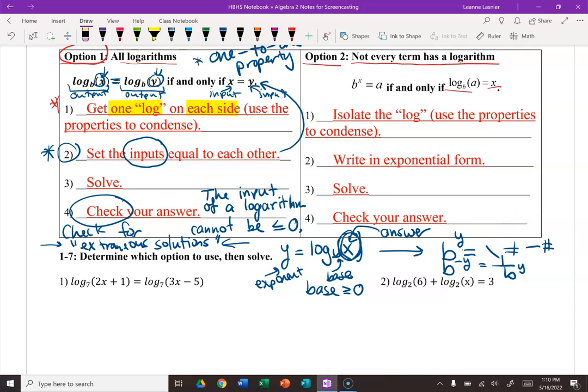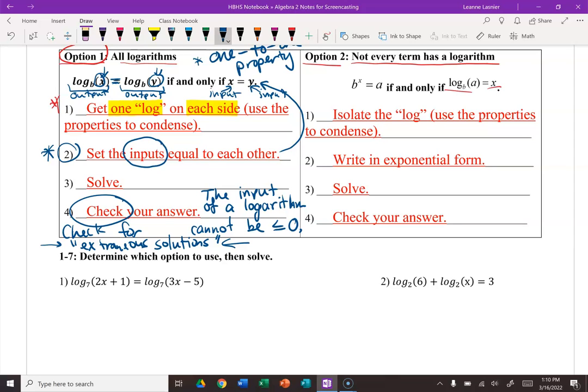Okay, so then if you have option 2, option 2 is when not every term has a logarithm. Instead of getting a log on each side, we're just going to isolate the log. So if there's multiple logs, we're going to use the properties to condense them and get them all on one side, and then get everything that doesn't have a log on the other side.